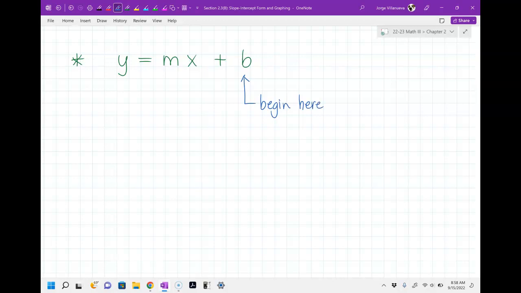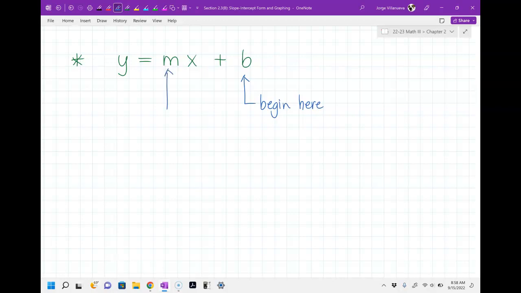B for begin, okay? This is where you start. So whatever that number is, you're going to go on your y-axis, because remember the b value is called your y-intercept, right? You're going to go to your y-axis, you're going to put a point right wherever it tells you. You begin at that point.